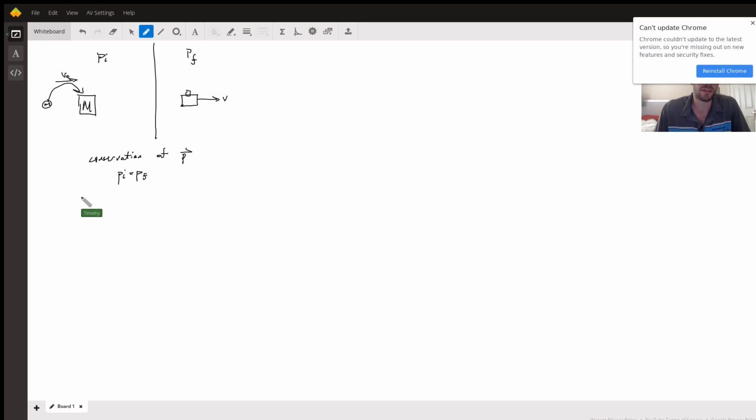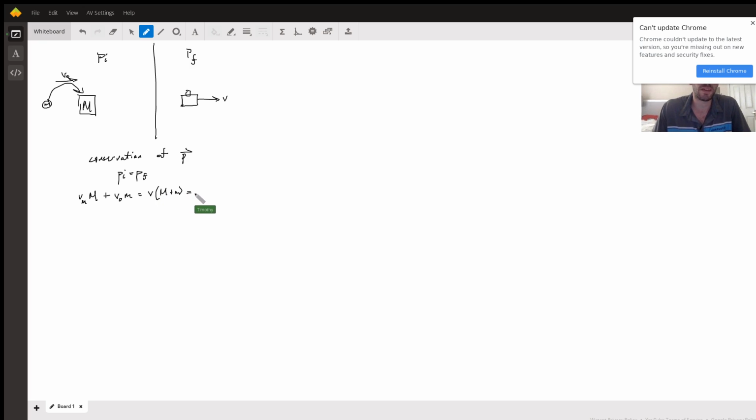So what we'll say is the velocity of big M times big M plus the initial velocity of the man and his mass is the initial momentum. And this will equal the final momentum, which will be some velocity v times big M plus little m, or the combination of masses.